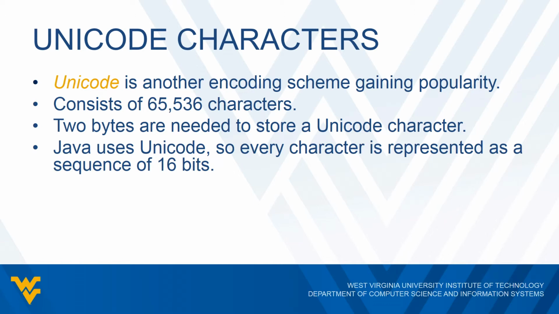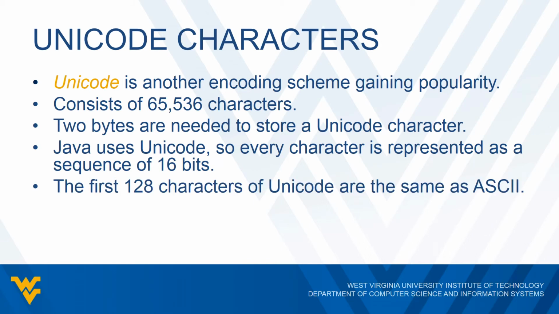Now you might be asking yourself, well, wait a minute, I have the Unicode encoding scheme and I have ASCII, and what happens to those first 128 characters, and how does that get integrated in Unicode? Well, what's really convenient about Unicode is that those first 128 characters are actually the same as ASCII. So we can think of ASCII and Unicode as the same thing for at least the first 128 characters.